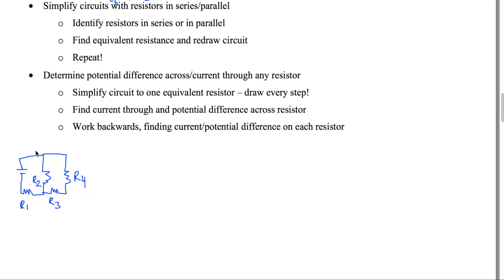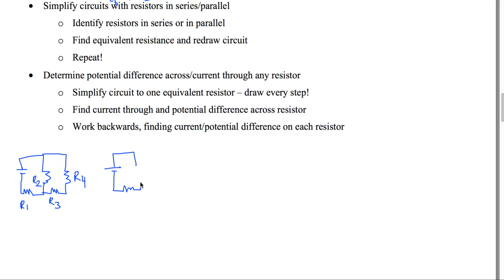You're going to want to draw every single step, because I may ask you for the equivalent resistance on the test, but I'll break it down into steps such as, what did you get for the resistance after you simplified your first set of resistors? First of all, we identify 3 and 4 in series. There's just one wire, the two resistors are connected, there's no junction. So you redraw the circuit.